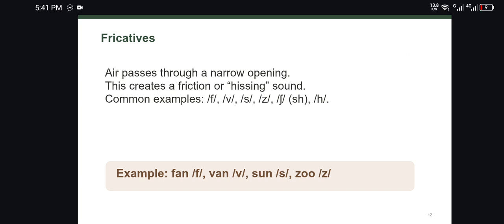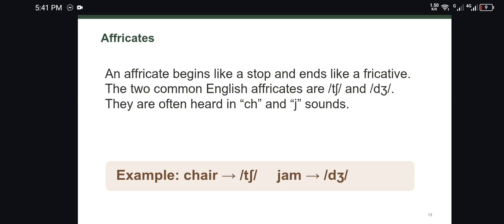Here in fricatives, when we say fricatives, it is the air that passes through a narrow opening. It is the hissing sound. The common example of it is the letter F. Meanwhile, the affricate uses the word that has a C and H together.